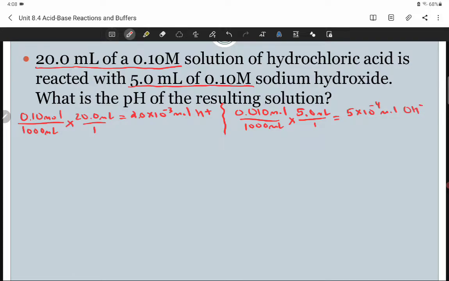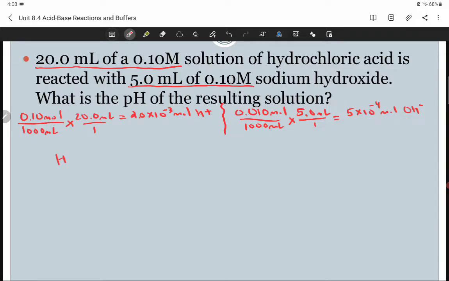So I think it's evident that the hydronium, the H positive, is much greater than the hydroxide. So we're going to run out of the OH minus first. We'll have H positive left over.